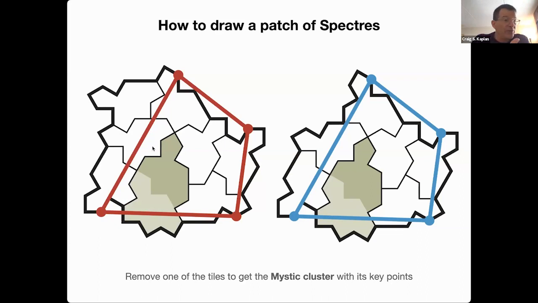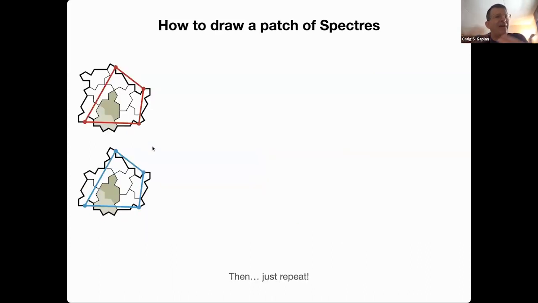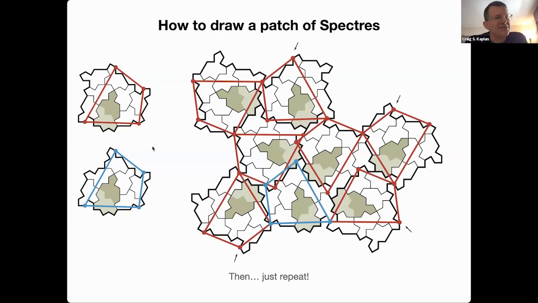What's cool about this, of course, is that the exact same algorithm applies to these as applies to the tiles themselves. So I can build, let's call it, a Specter supercluster by assembling copies of the Specter cluster using the identical rules.